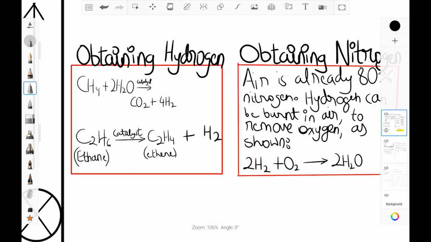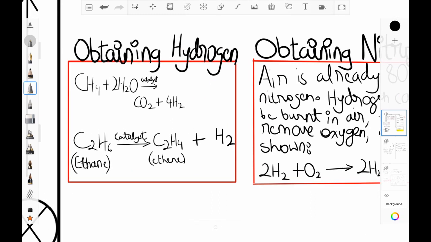So for hydrogen, there are two ways. You can either react natural gas with steam. It's not just water, it's steam. So the reaction only occurs because the water is hot, basically. So you can react the methane or natural gas with steam in the presence of a catalyst to give you carbon dioxide and hydrogen gas, and you can use the latter in the Haber process.